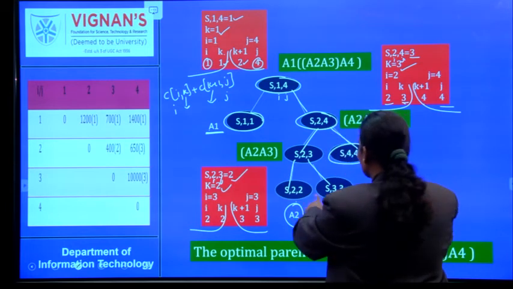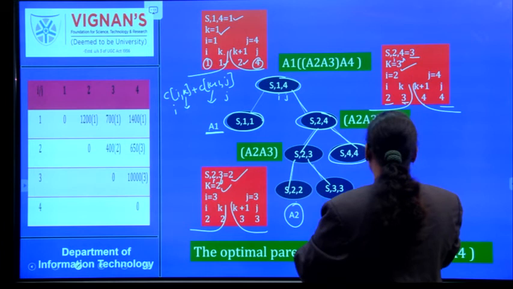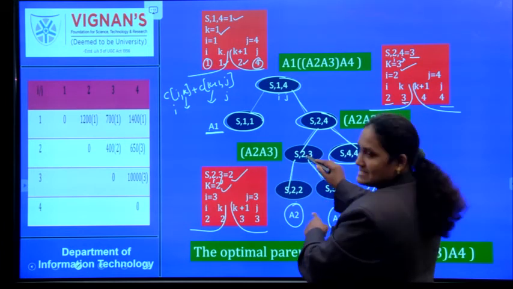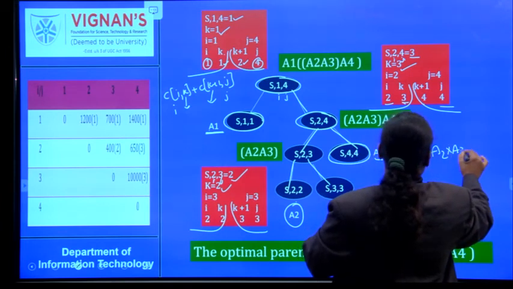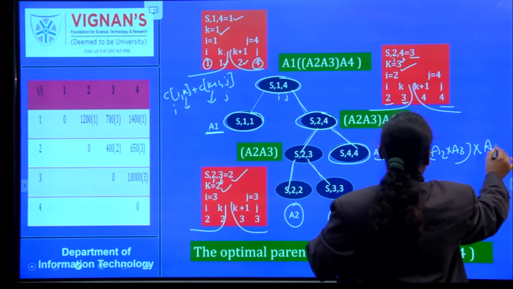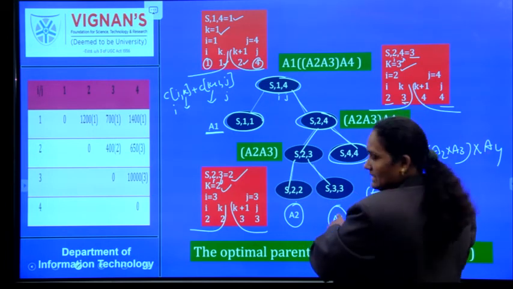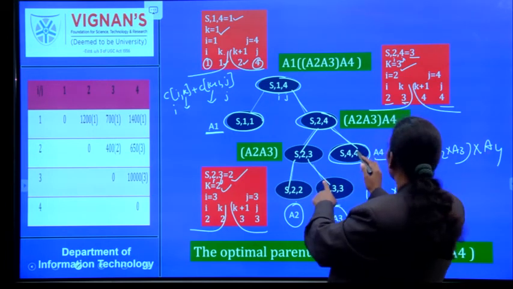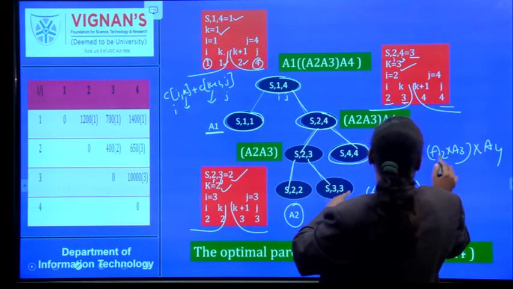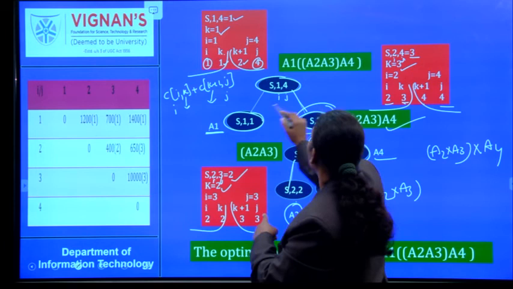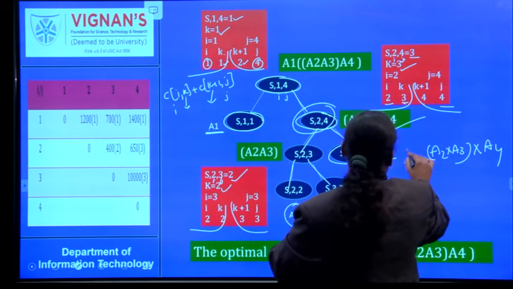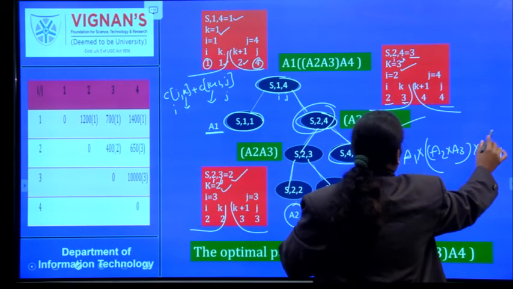Now these two are multiplied, that is A2 into A3 are multiplied. The result is multiplied with A4, that is A2 into A3 into A4. We will get this one. This is multiplied with A1.